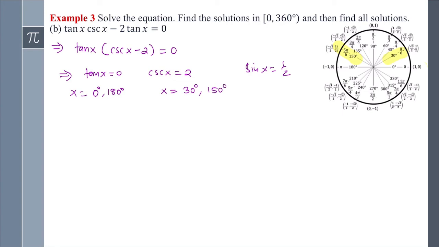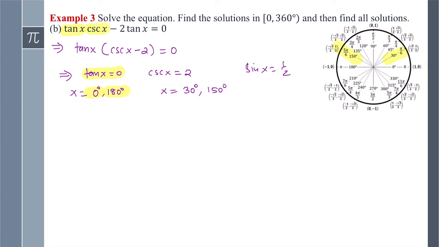One very important thing we need to do is, whenever we have these two different ratios here, tangent and cosecant, we really need to check whether the solutions work for the equation. Here we got tangent x equals 0, or x equals 0 degrees and 180 degrees. But cosecant is undefined at 0 and 180 degrees.